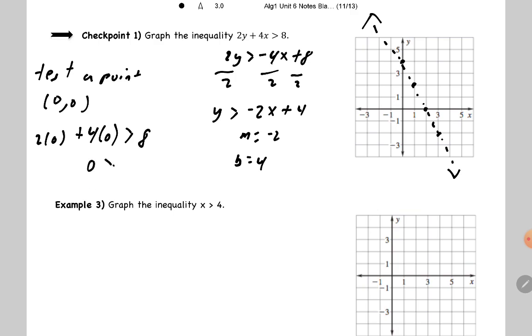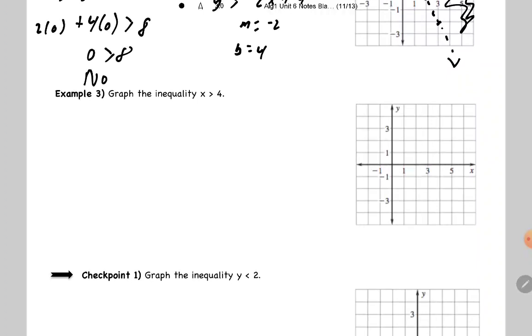We get 0 is bigger than 8. No, that doesn't work, so we're going to shade the opposite region. 0, 0 is on the left side of the line, so we want to shade the right side of the line, because everything is bigger on that side.